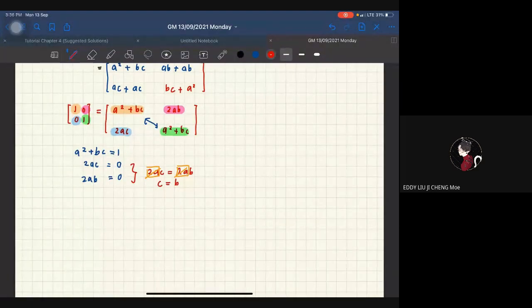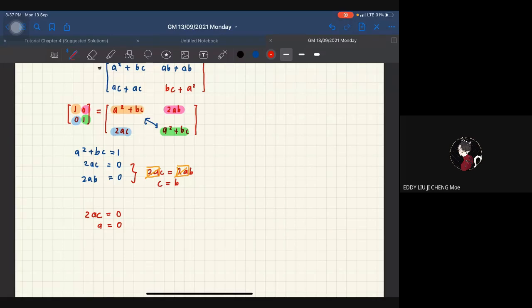If you do it like that, let's say we have 2AC is equal to 0 and you want to find A. So you get A is equal to 0. So you bring everything to the right. Okay, so if A equals 0, does it mean C is equal to 0 as well?